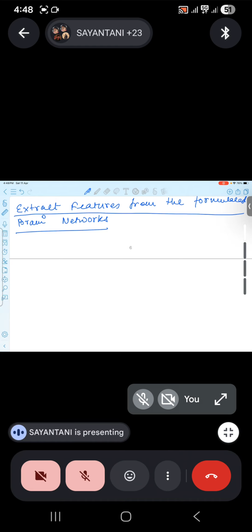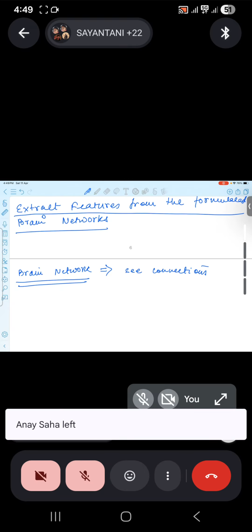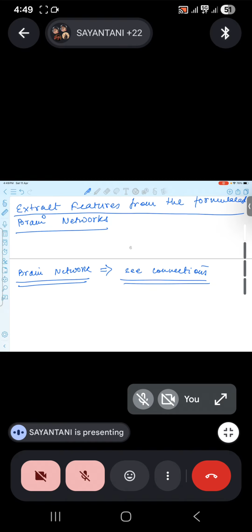So over here, when you obtain a particular brain network, you can just see the connections, right? That is known to you. You have your adjacency matrix, you can just see the connections.